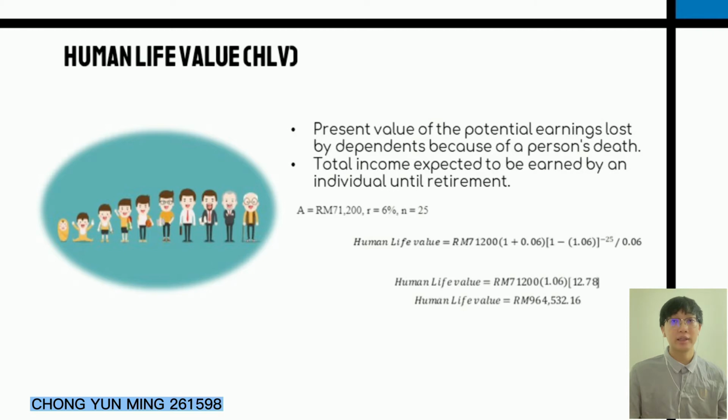We assume a 6% inflation rate in Malaysia, and we calculate the human life value, which is the total income requirement to meet the annual income need for Mr. Chow for 25 years. After the calculation, the total annual income that Mr. Chow needs is around 964,532 ringgit for 25 years.